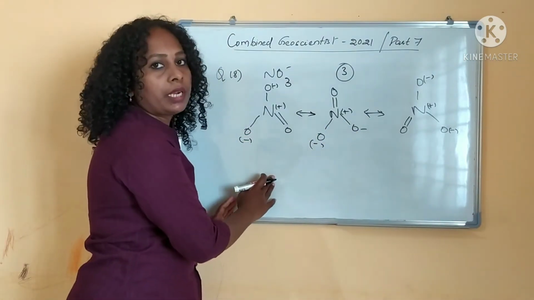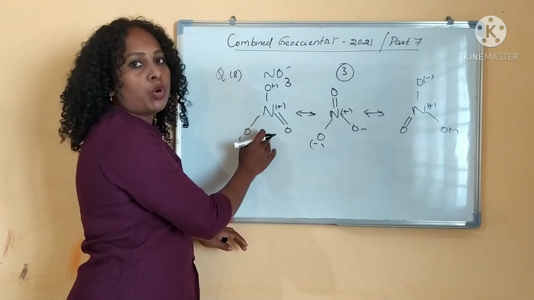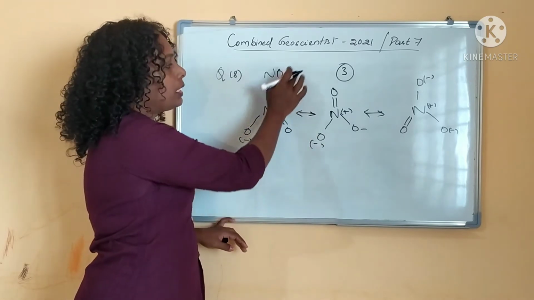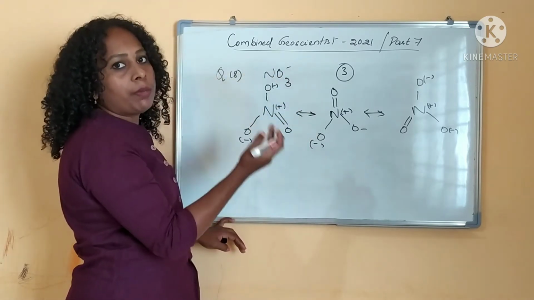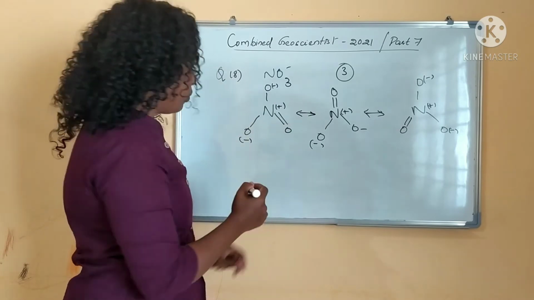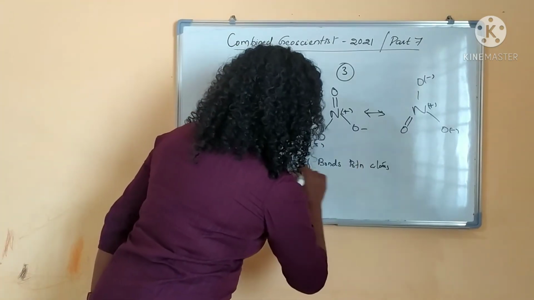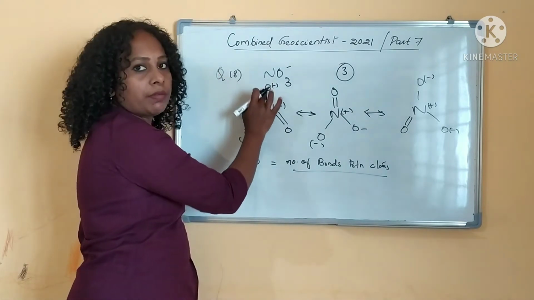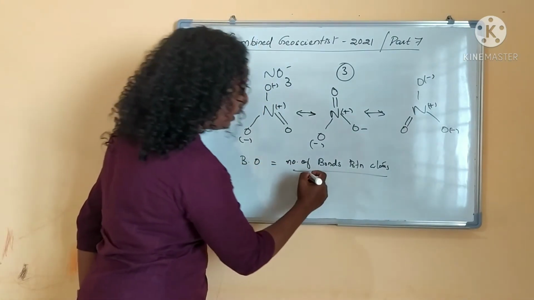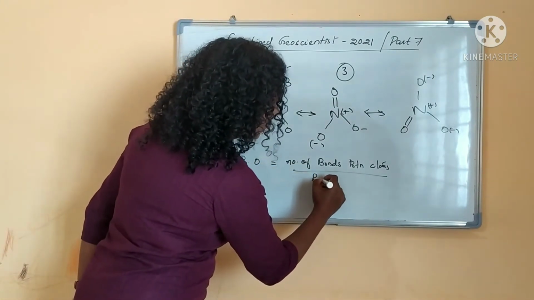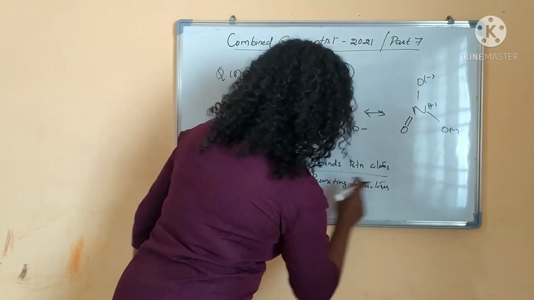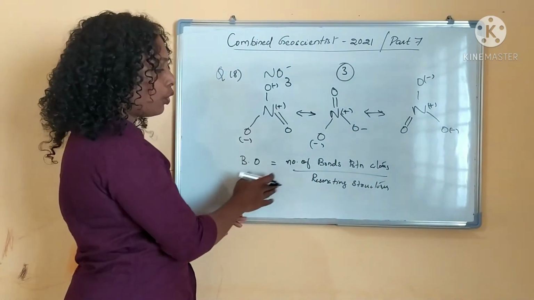And suppose you get a question to find the bond order for these types of anions, how will you find it? What you have to do is this: the number of bonds present between a particular pair of atoms divided by the number of resonating structures. This is the formula to find the bond order here.